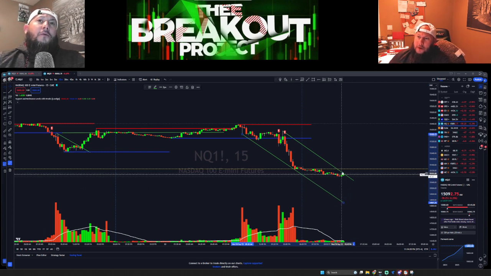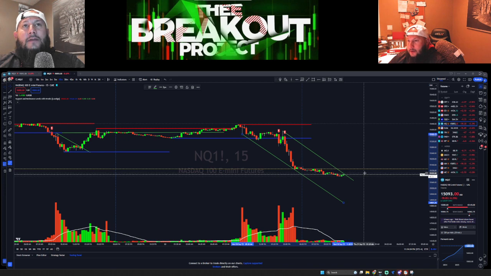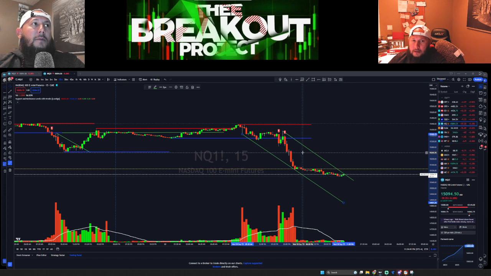So if price breaks through here, now I'm not going to trust it in the overnight hours. So what I will trust is that if price breaks through here and then I notice it gets above this level right here, then it's most likely that we're going to start reversing and going bullish, probably at least up until this blue line back here.